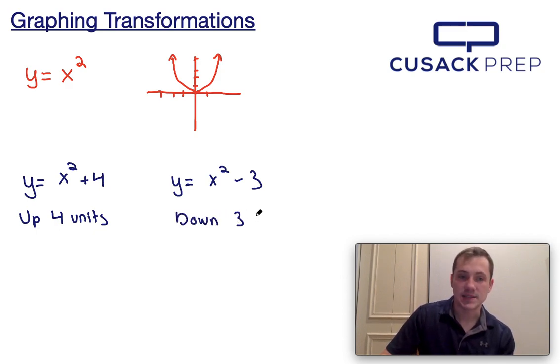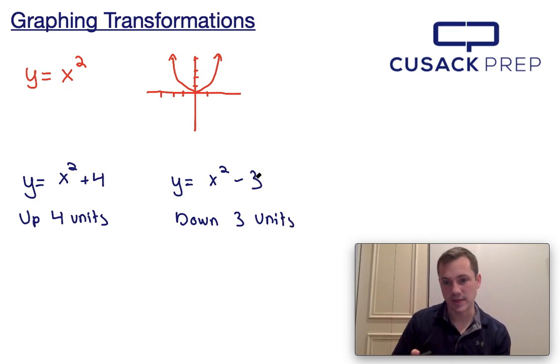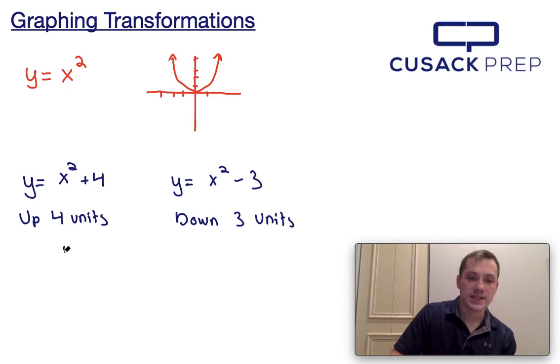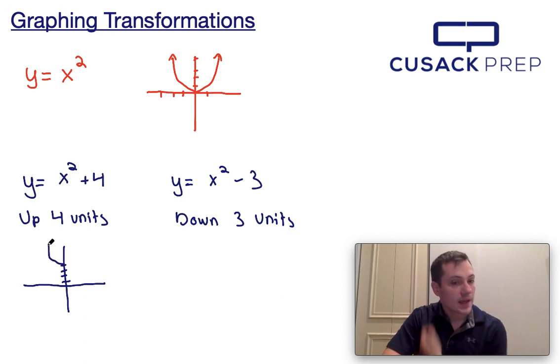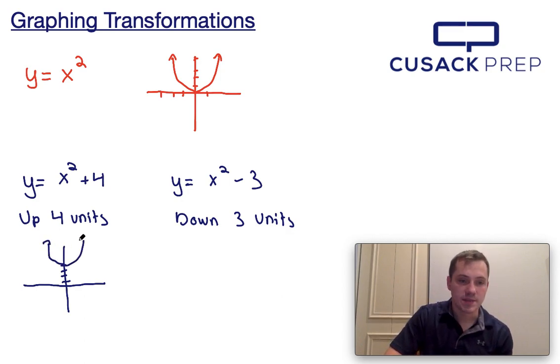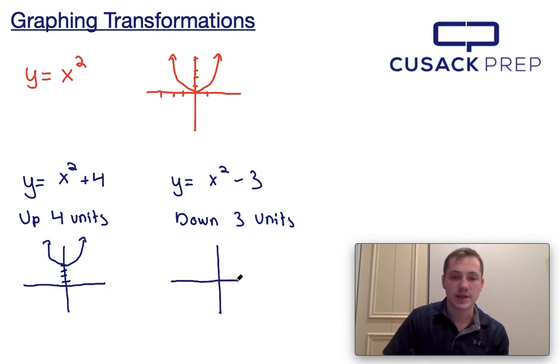That makes sense, right? If you're adding, you think you're going to be moving up. If you're subtracting, you think you're going to be moving down. So a rough sketch of these graphs might look something like this. It's going to move up 4 units, and it'll do something like that. Or in this case, it's moved down 3 units, and it's going to do something like that.